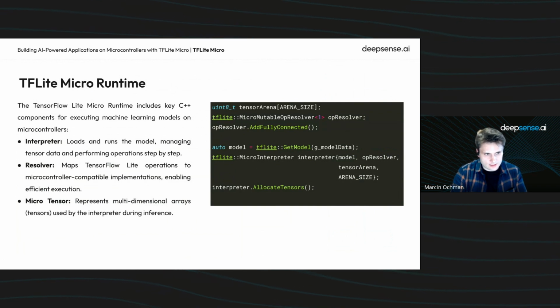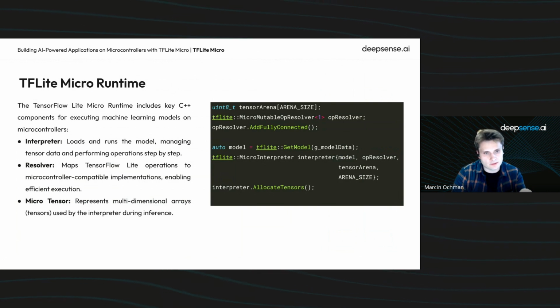To initialize a TensorFlow Lite Micro model and configure its runtime, we need to set up a few components that enable machine learning on microcontrollers. The TFLite Micro runtime provides essential C++ components for executing models efficiently on low-power embedded devices. This includes the interpreter, which is responsible for loading and running the model while managing the tensor data, and it also executes operations step by step.